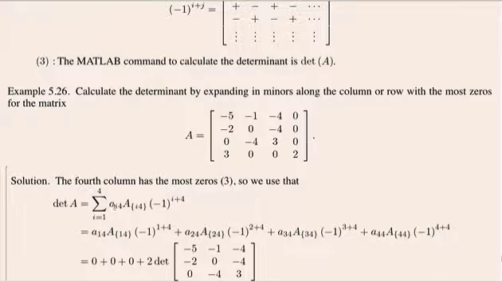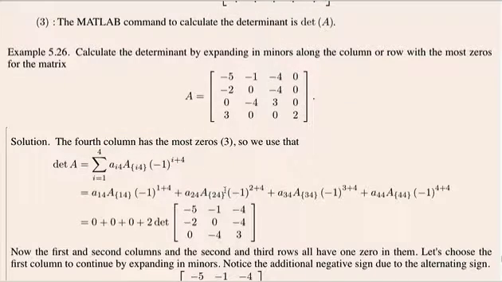The formula is that for this column, the row index i goes from 1 through n, and the column index is 4. Then we calculate the corresponding minors Ai4 and multiply with -1 to the i plus 4 power. So starting with i equals 1, this is a14 minor times -1 to the 1 plus 4, and then a24 times -1 to the 2 plus 4, a34 times -1 to the 3 plus 4, and a44 times -1 to the 4 plus 4.